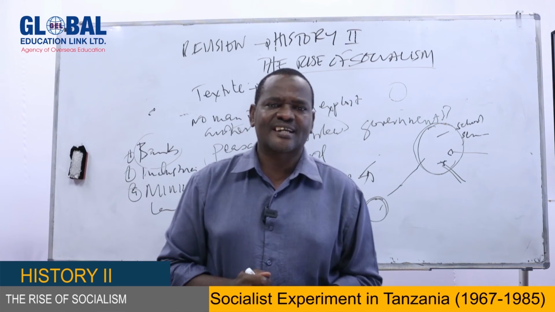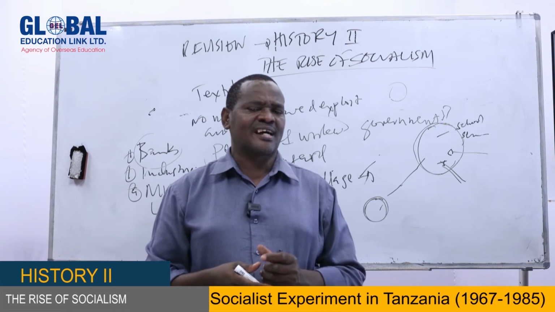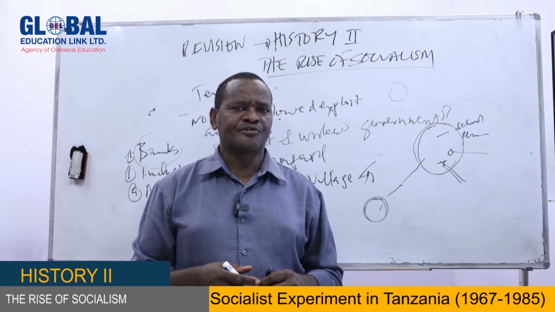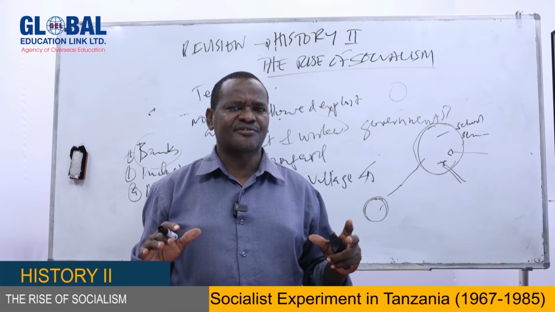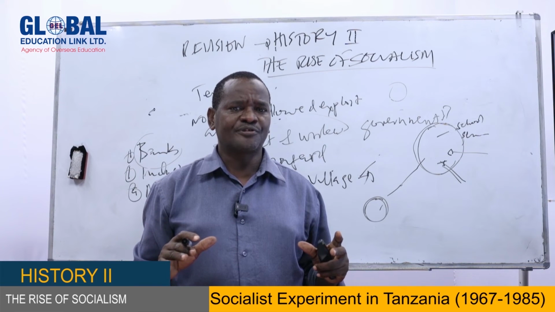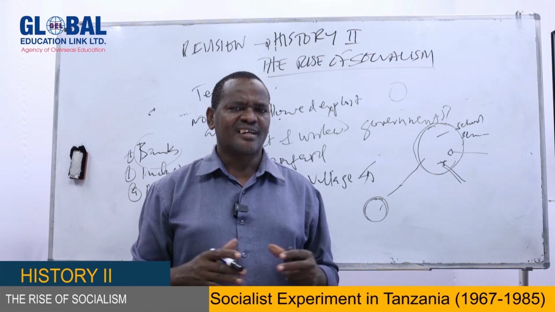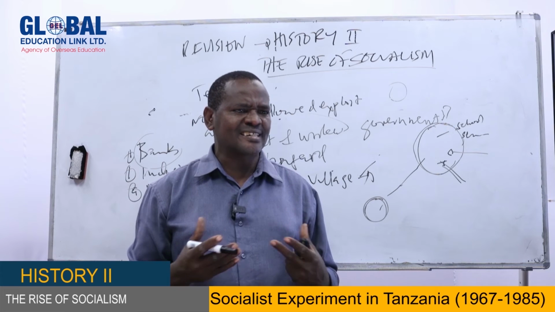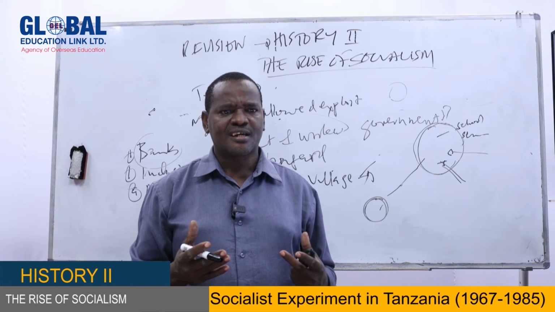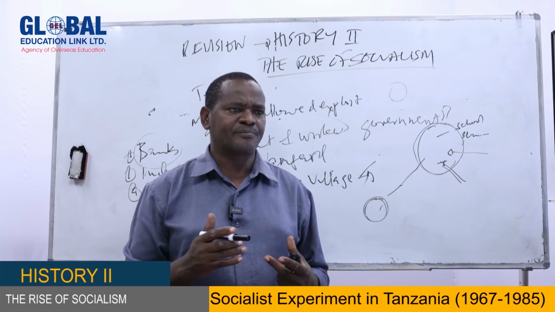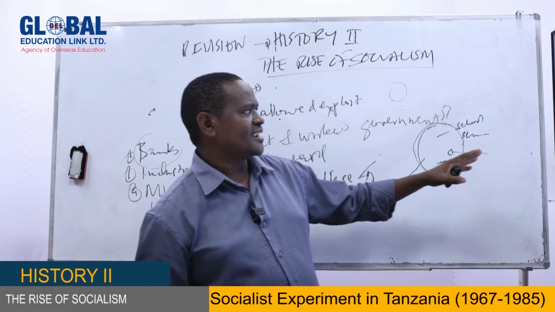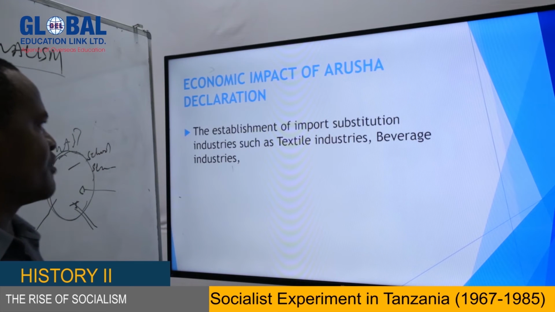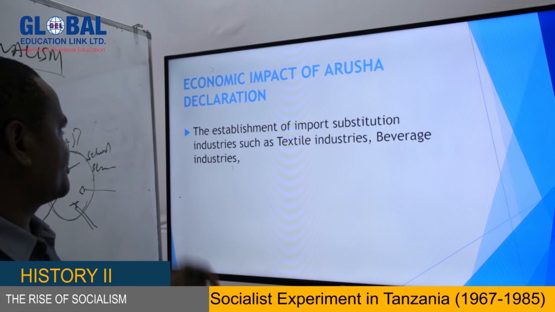We are speaking of textile industries like Sungura, Musoma, the Mwanza textile industry called Mwatex, and Kilimanjaro textile industry. Later there was Urafiki textile industry, which was established as a result of cooperation between Tanzania and China.